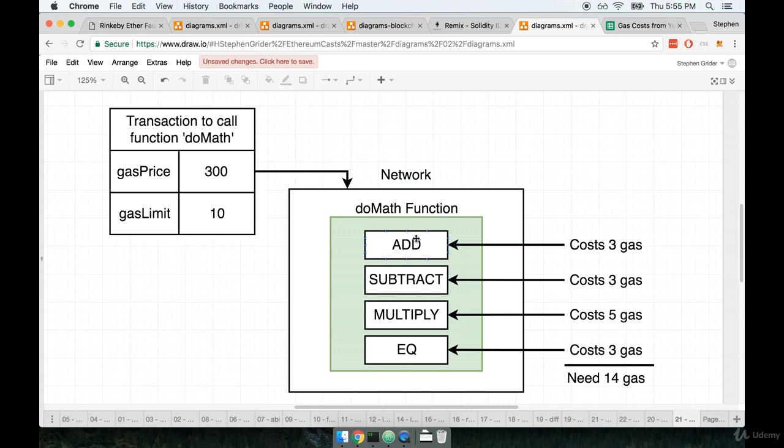Well, for every operation that is executed inside of our contract, we execute a line of code or an operation, and then the person who is executing that code checks to see the current amount of gas that has been spent and how much is available. So in the case of our function right here, we would have a running tab that starts at 0. We would add 3. We would add 3 more to get 6. We would add 5 to that to get 11.